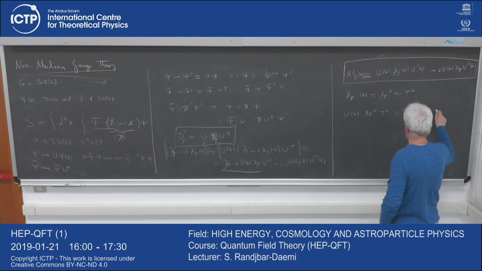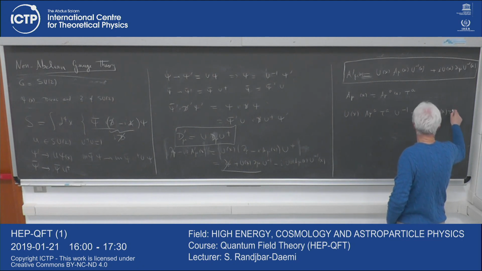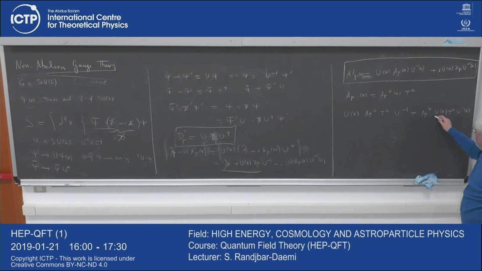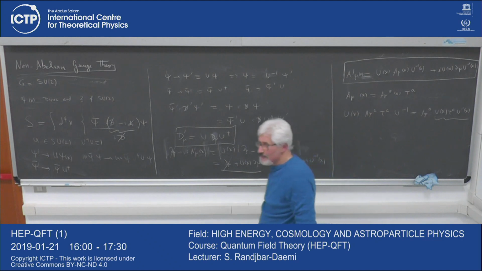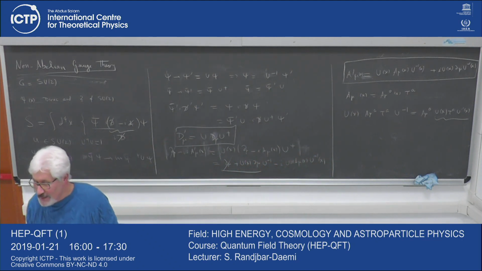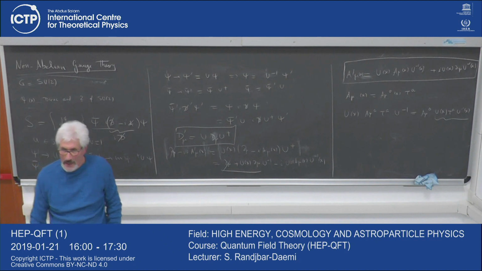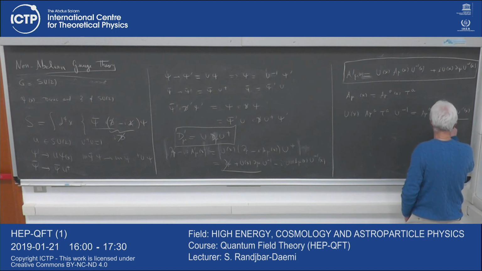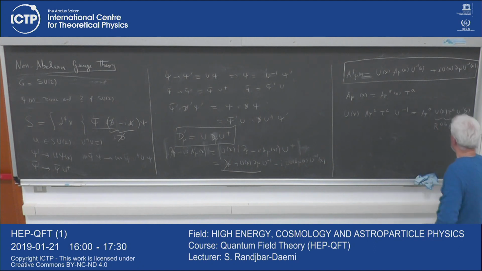So A mu you can put out, it's U x tau A U inverse x. Do you know what this is? It's a Hermitian matrix, also adjoint representation. Very good. So, in fact, this turns out to be R A B U inverse. Using the fact that you already told me this is an adjoint representation.